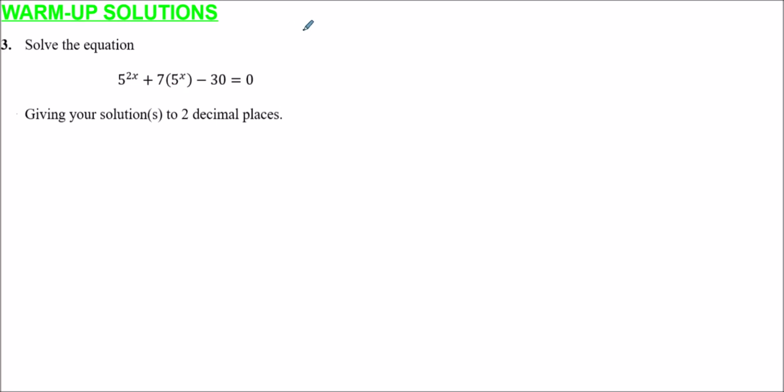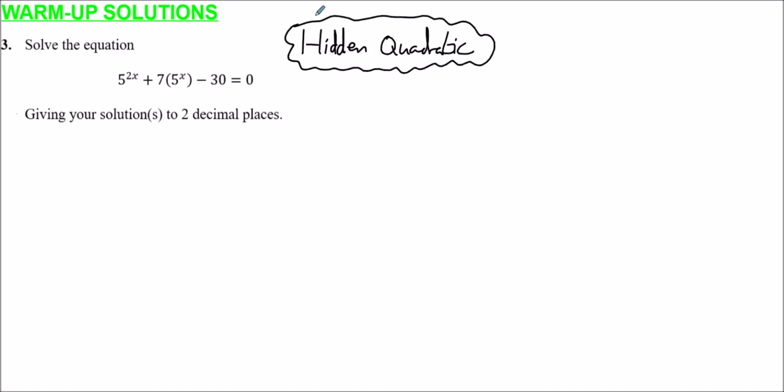So what we can say here, this is a hidden quadratic. And what I'd always suggest, if it is a hidden quadratic, make a substitution of big X. So let big X equal the thing which is the smaller power. So the smaller power here is this one. That one's double the power. 2x is double x.